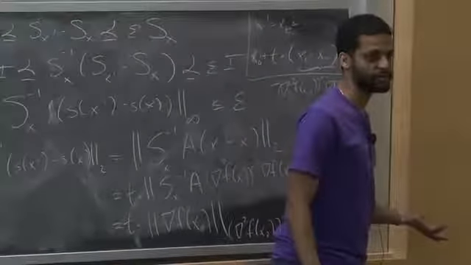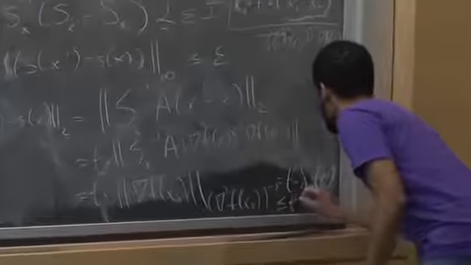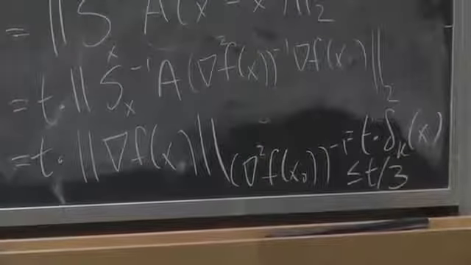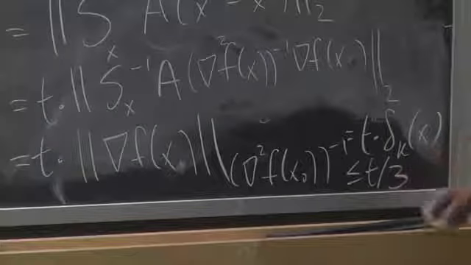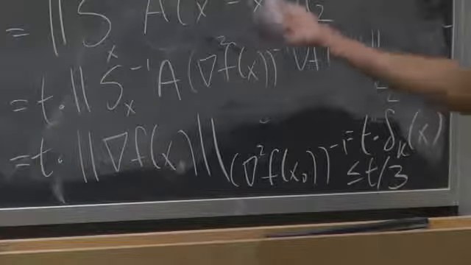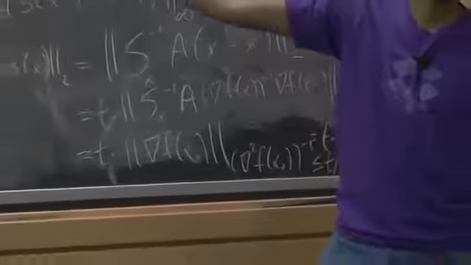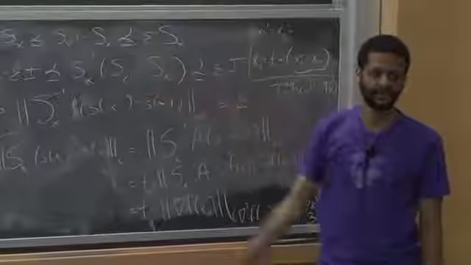So this is at most, let's say, t over 3. In particular, we are satisfying the conditions of Newton's method where epsilon is a third. I guess that's what I should have said.